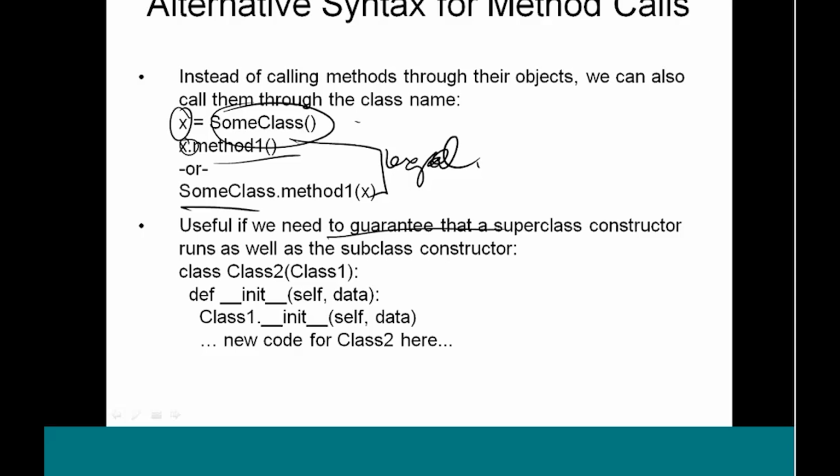Now this alternate method may be useful if you need to guarantee that the superclass constructor runs as well as the subclass constructor. Here is another example. We define class 2 as an inherited class from class 1.